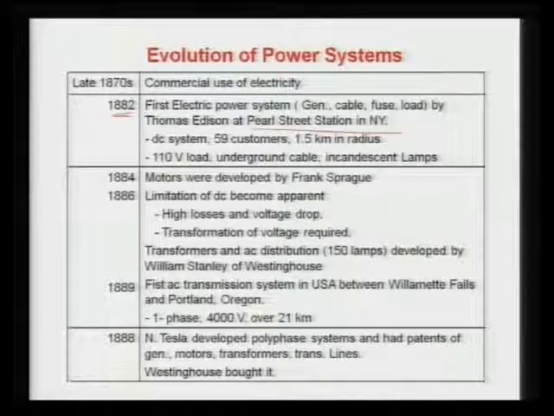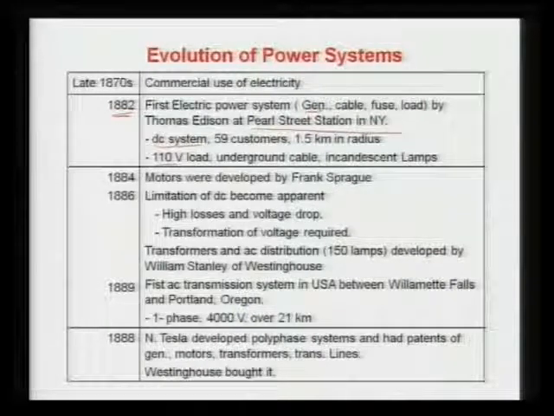This was a DC system. It is surprising, but it was a low voltage DC system. However, this course is devoted to the high voltage system. At that time the high voltage DC system was not possible, because there were several problems, like generation, because DC generators were used, and also to transmit the power, insulation and other problems were there.